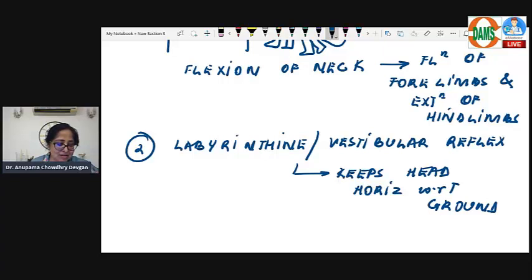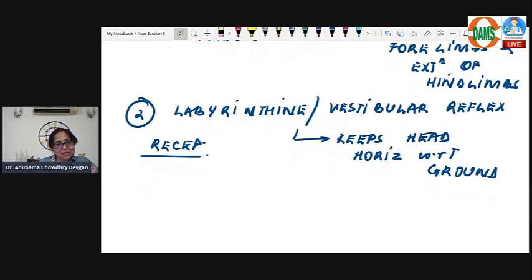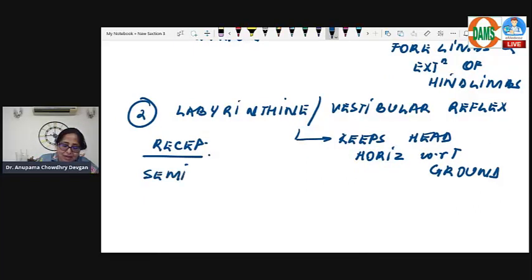This is what is known as the labyrinthine or the vestibular reflex. It keeps the head horizontal with respect to the ground. What are the receptors for the labyrinthine or the vestibular reflex? The receptors are going to be the semicircular canals.